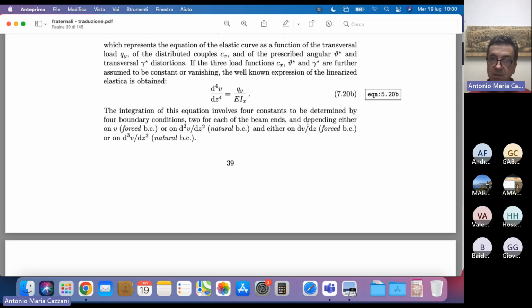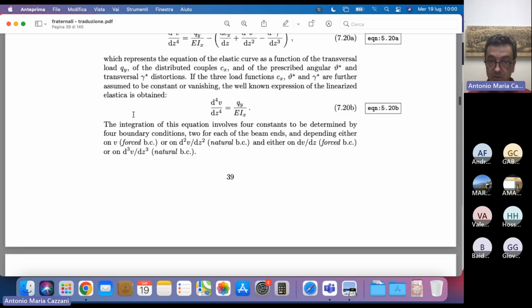On the other side, the second boundary condition will involve either the rotation of the axis line, so the derivative of v with respect to the axial coordinate z, or the shear force, which is somehow related to the third derivative of the transversal displacement.